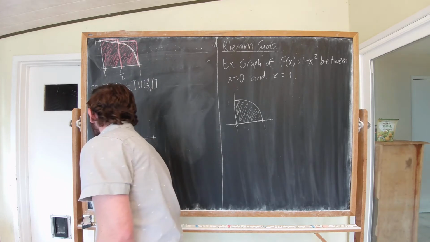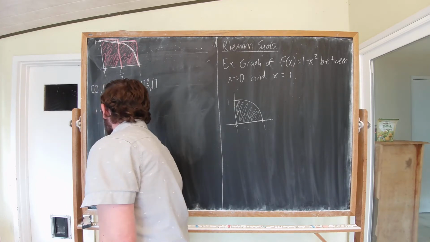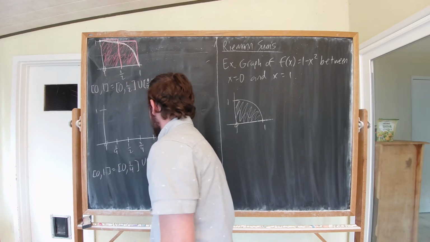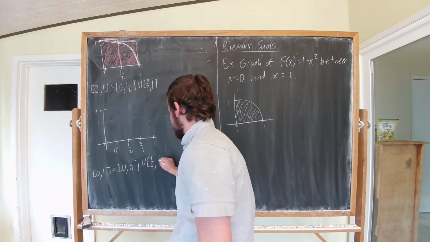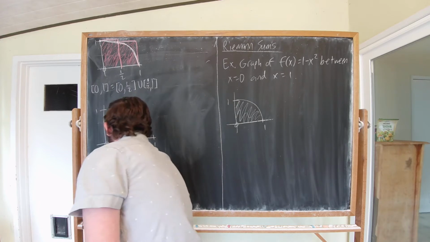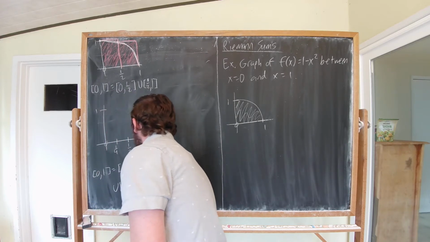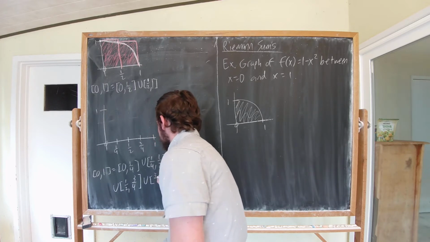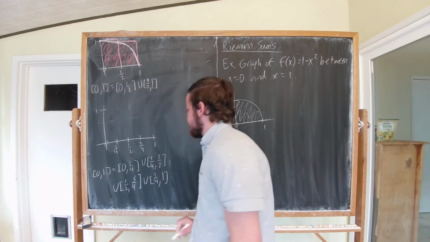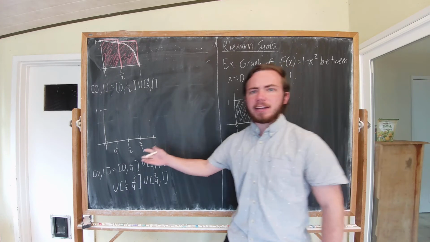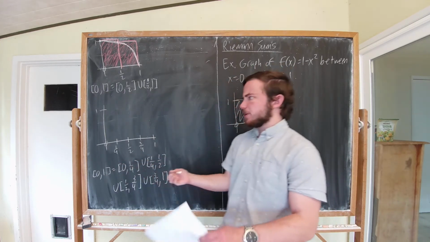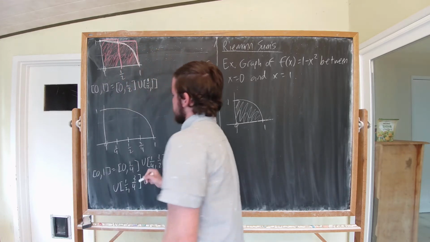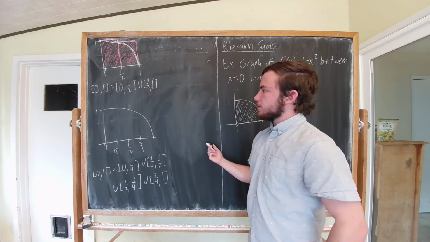So here we're writing 0 to 1 as 0 to 1/4, and then 1/4 to 1/2, and then 1/2 to 3/4, and then 3/4 to 1. So that's what we're doing. We're subdividing 0, 1 into 4 equal subintervals. And if we did that with our given f of x, what would happen?